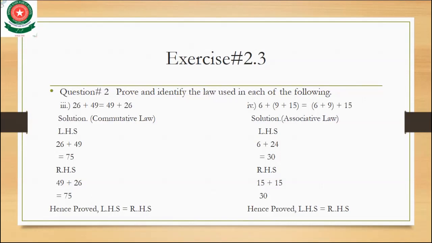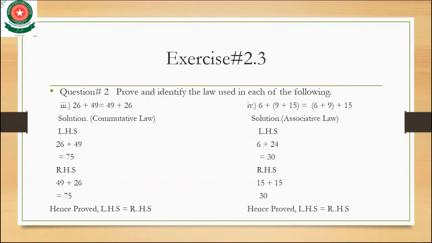The next step is to take the left hand side: 6 plus 24, and 24 comes when you add 9 plus 15. First of all you add the numbers which are in the bracket.